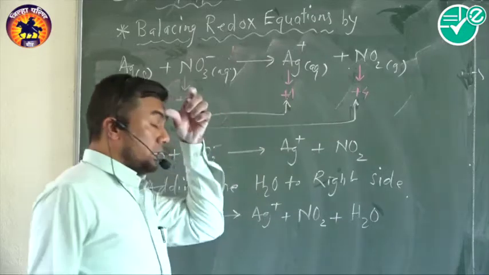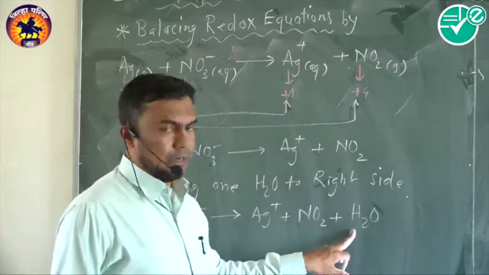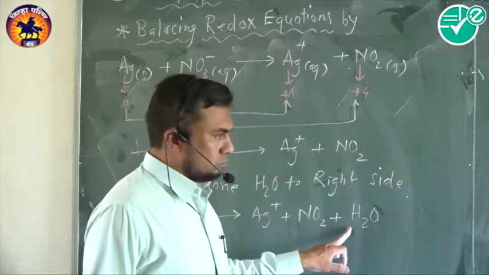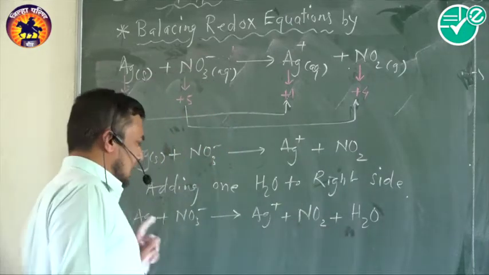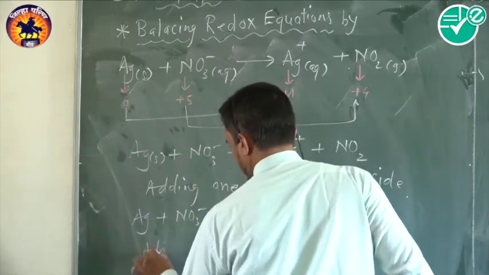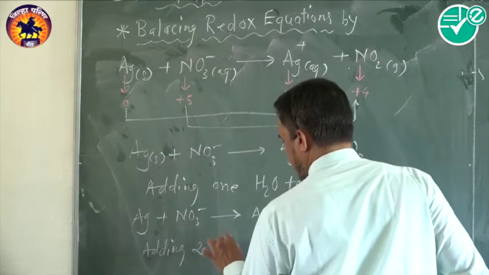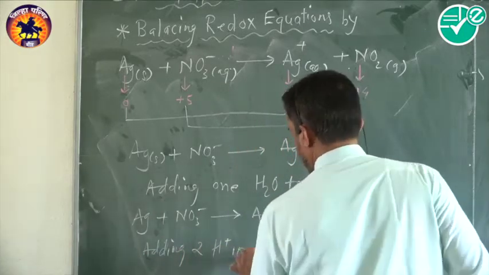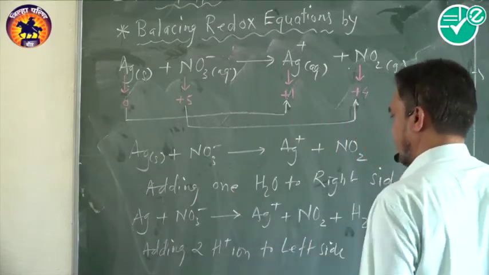Now oxygen is balanced. Now to balance the hydrogen, 2 hydrogen is more on one side, so add H plus ion to the left hand side. So adding 2 H plus ion to the left side, what do we get?